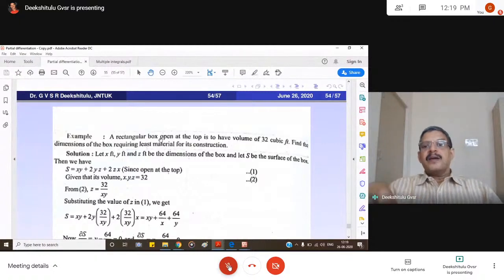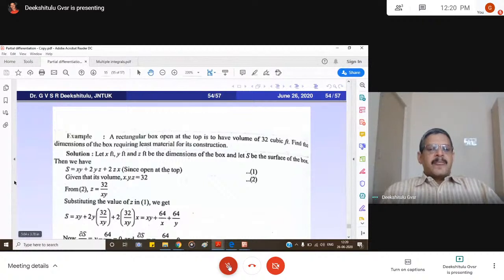That means we have only 5 surfaces. So xy plus 2yz plus 2zx. The area of this surface is yz, and the same area here, yz. This area is zx, so 2zx. This area is xy, and the top surface is not there, so only one surface xy.